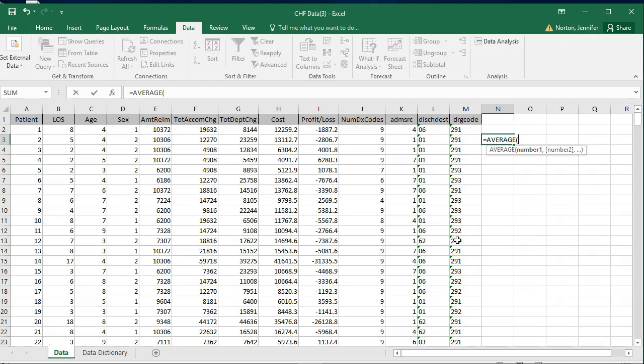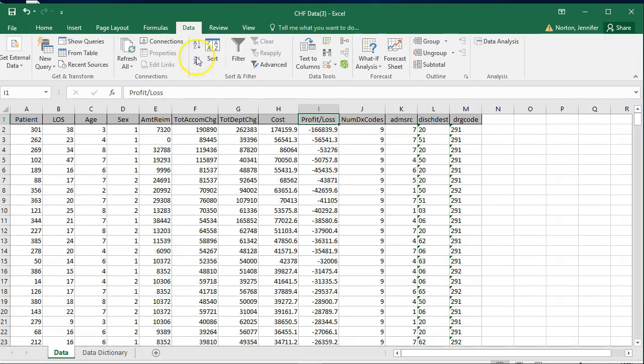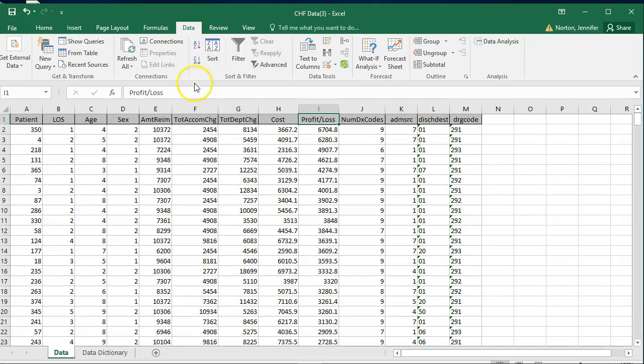Okay, so the next question it asks on your homework assignment is, does General Hospital have any profitable CHF patients? In order to lump those patients together as far as profit and loss, we can sort them smallest to largest or largest to smallest.